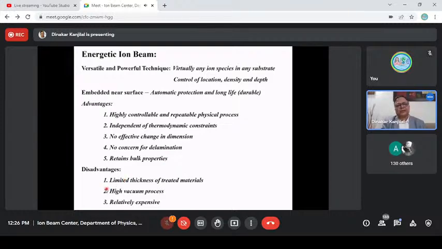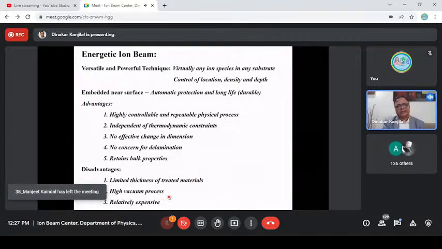It cannot be done for meters of material. If you want bulk change, big quintals of material to be changed, it is not a good approach. It is good for making a device or a concentrated area, a few centimeters by a few centimeters or meter by meter area. Wafers up to 16 centimeters are also being used for implantation.